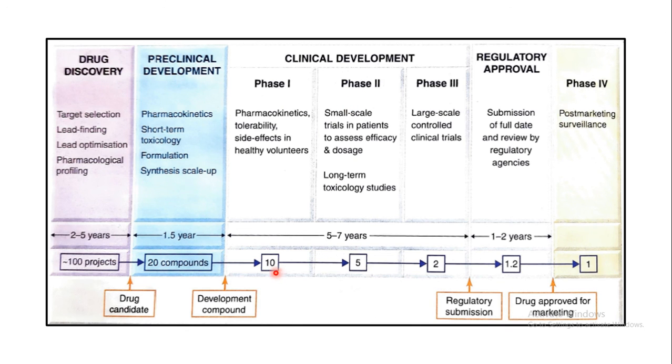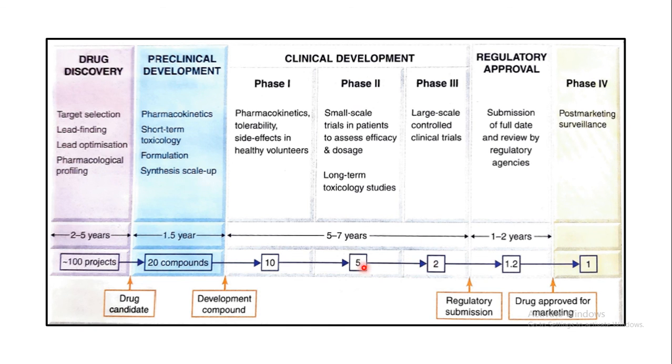Say, out of these 10, only 5 have reached phase 2, or successfully completed phase 2, that is small scale trials in patients to check the efficacy and dosage selection of your particular drug, or sometimes long term toxicity testing is also done in phase 2.